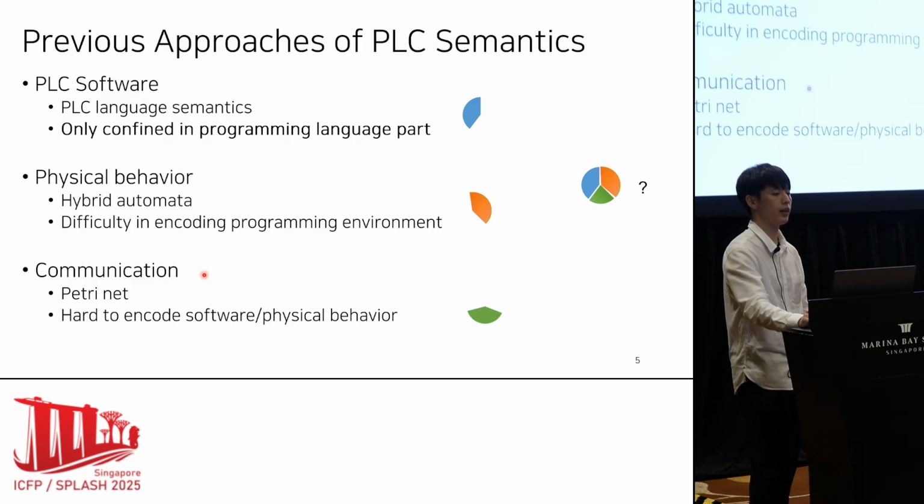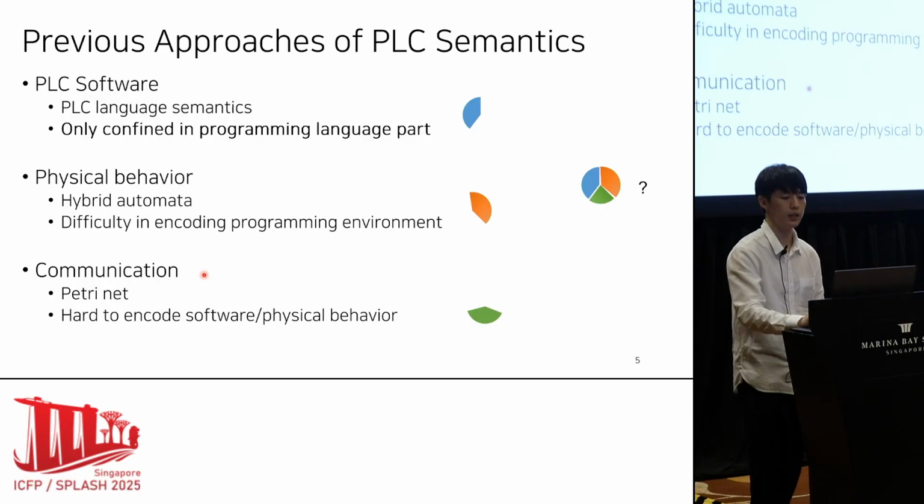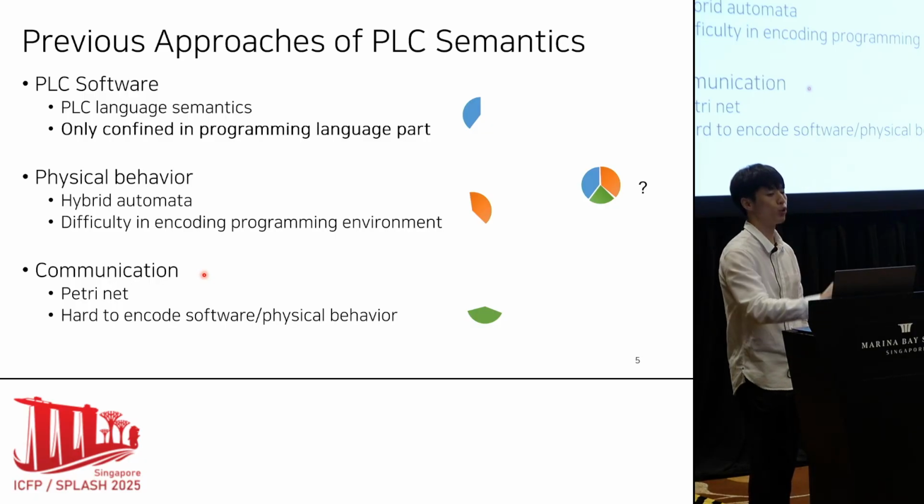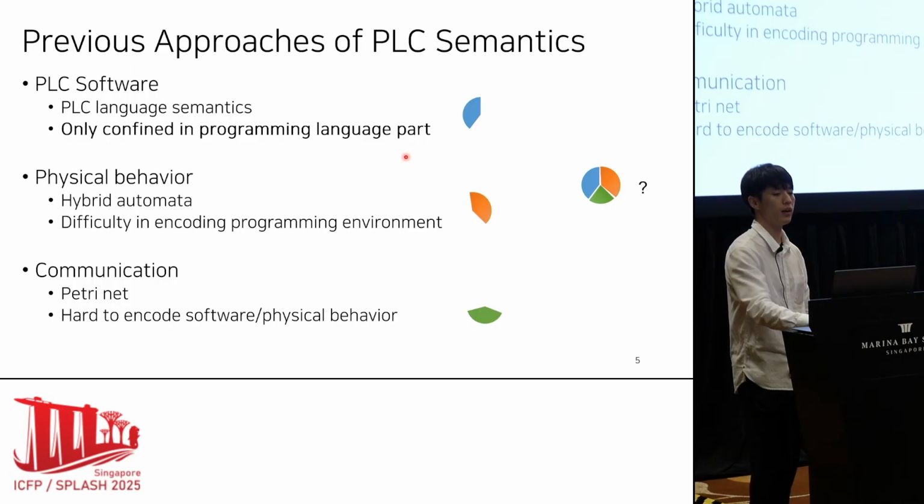Petri nets can nicely handle the communication, but it is also hard to encode the software and physical behavior. So, in short, each part is well addressed by previous approaches, but when we put them together as one piece, we lack a method that can deal with the unified system.